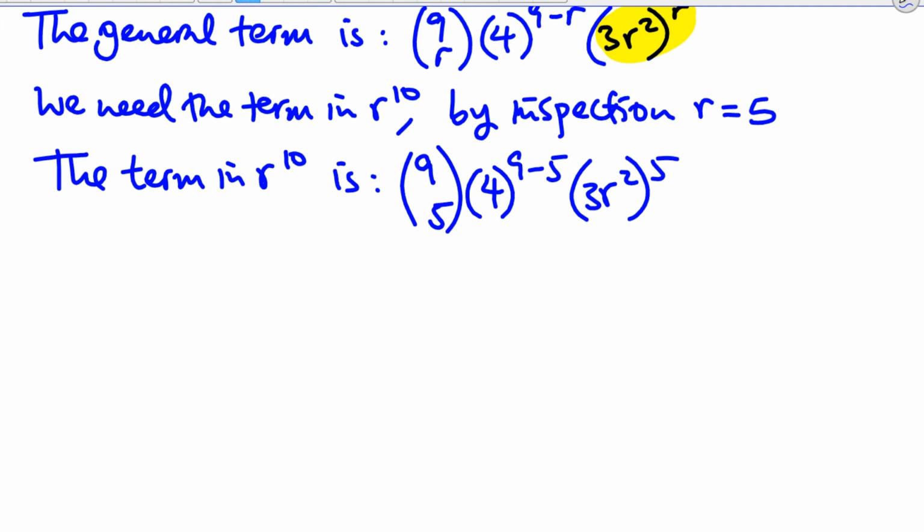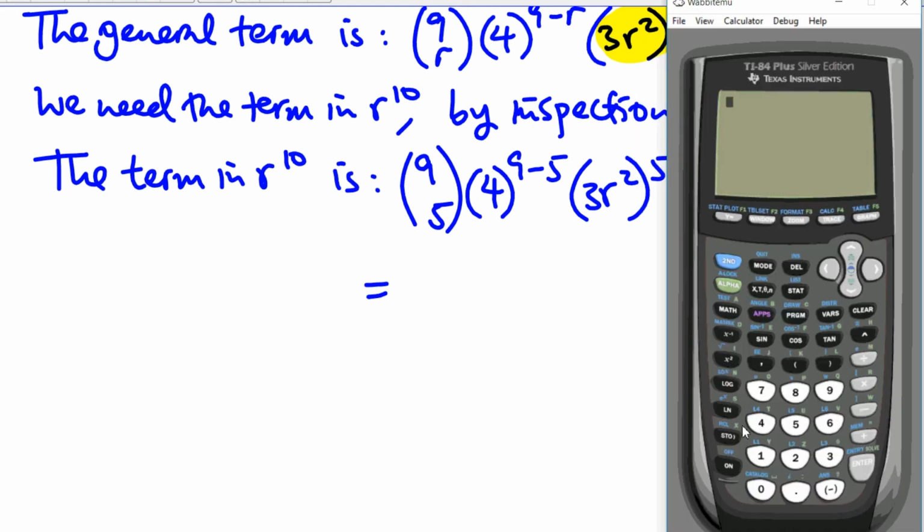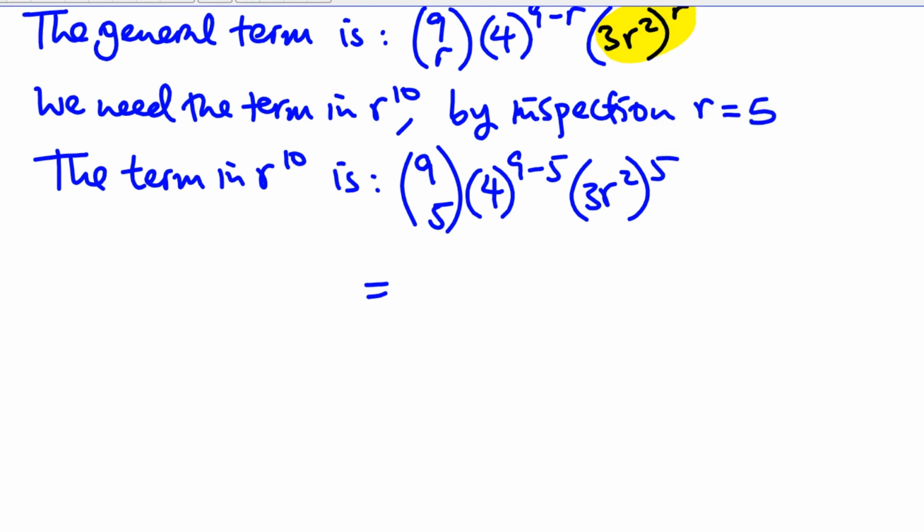So this will be equal to 9 choose 5, and 9 choose 5 can be calculated from our calculator. So 9 choose 5 will be equal to 126.